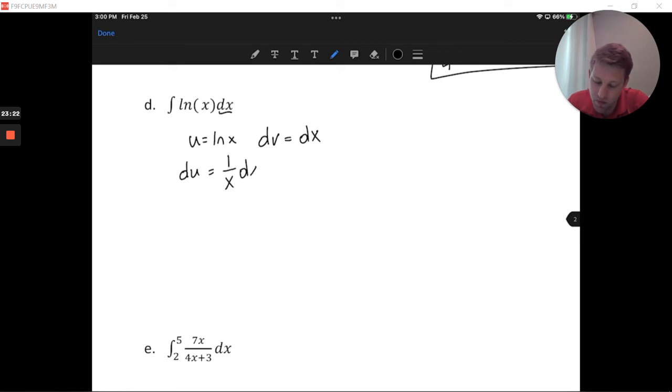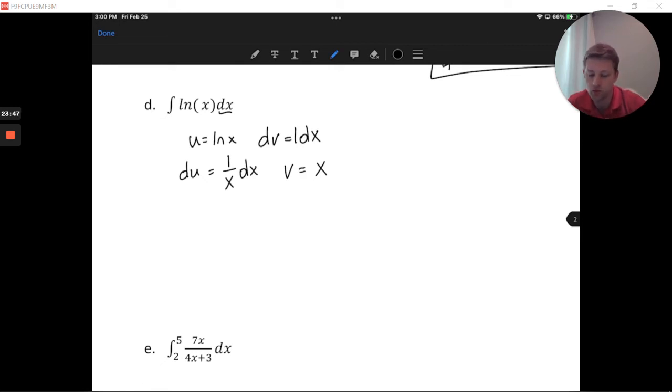We've seen that before. If our dv is just simply dx, that means if I go to my v function, that will just give me an antiderivative from 1. That antiderivative is just going to be x itself. So I have my derivative of u and my antiderivative of dv.